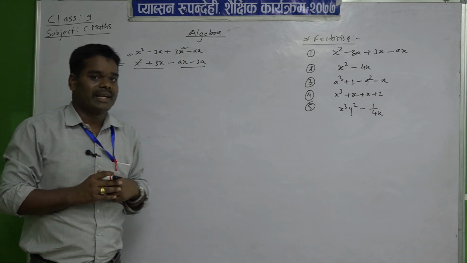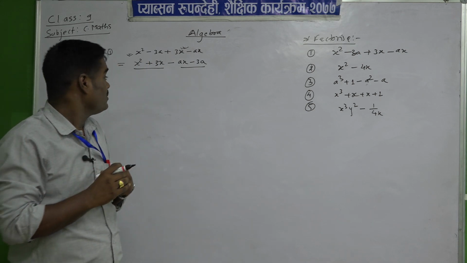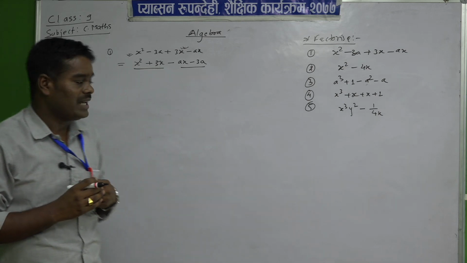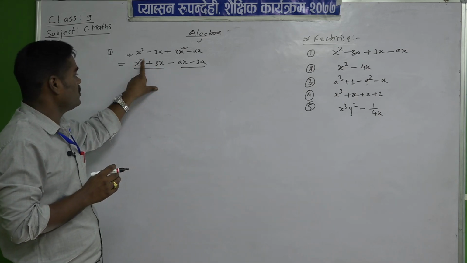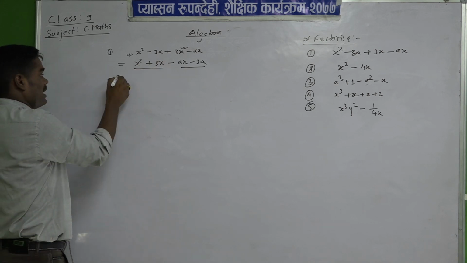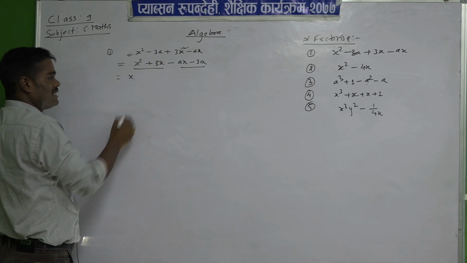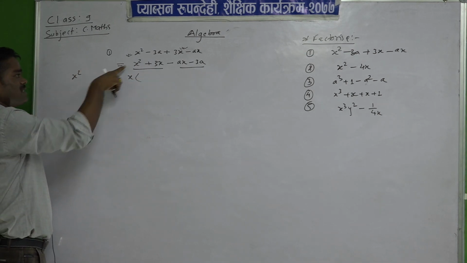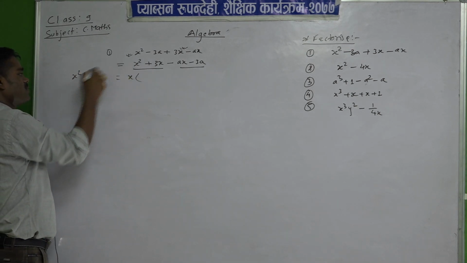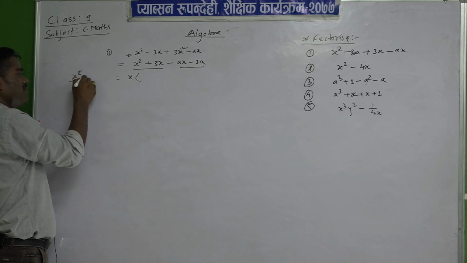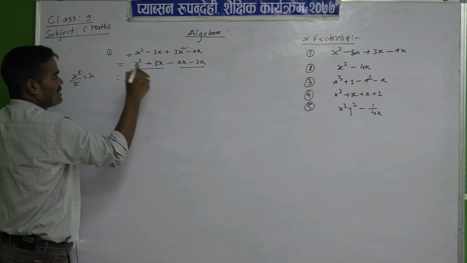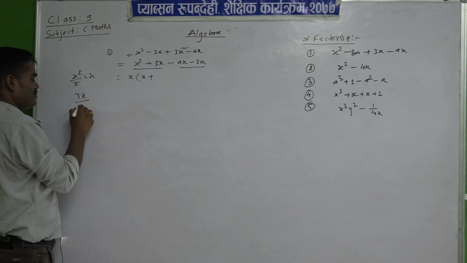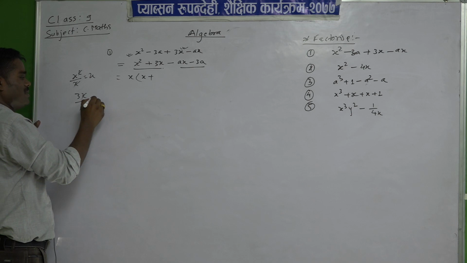Always take the common with the smaller power. So x power 1, that is x, is common. What is left here? After dividing x square by x, x is left, plus 3x in the second term. After dividing by x, 3 is left.